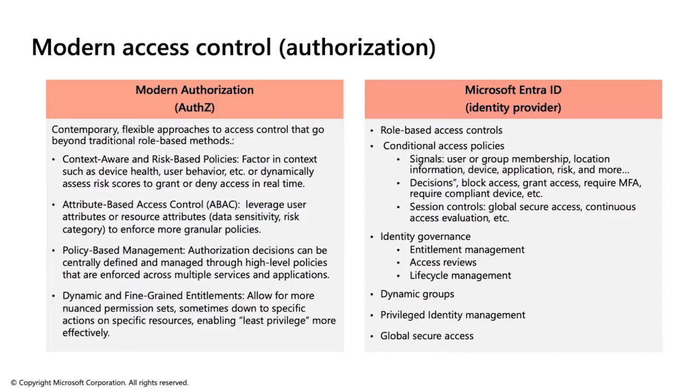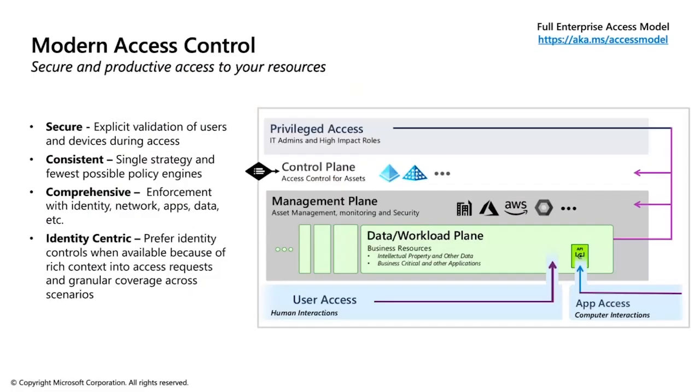Now, when we talk about modern access control, we see a central control plane, where we have centralized services like Active Directory systems, Entra ID, and many others. That is by default there in every tenant.